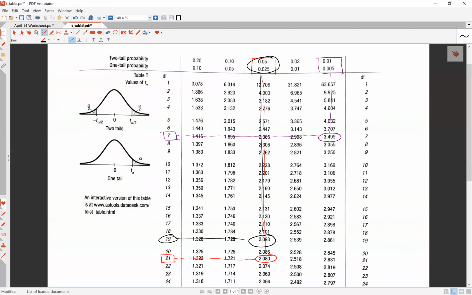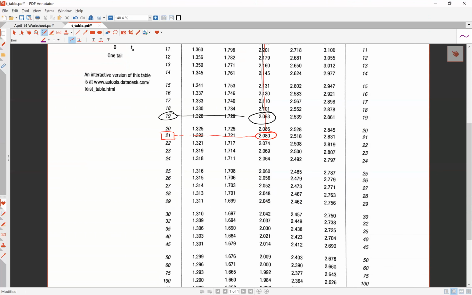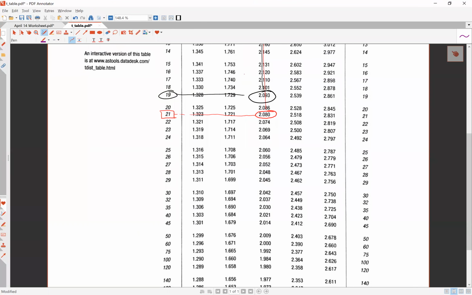So let's go to our table. Two-tailed equal to 0.1. But now we need 59 degrees of freedom. Now you'll see here, the table doesn't actually have 59 degrees of freedom. It has 50 and it has 60.